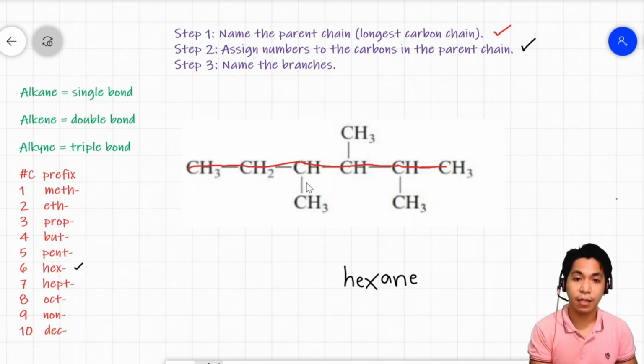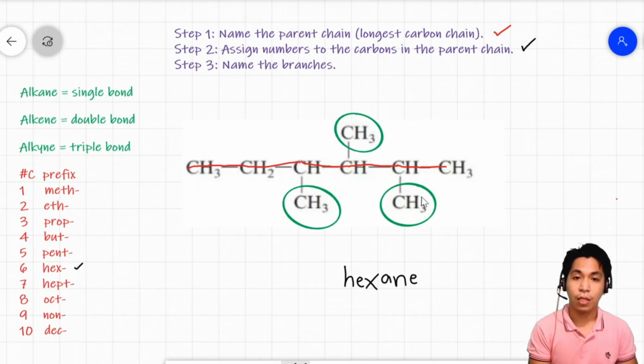Now we have here 3 branches. We have a branch here, here, and here. Now, which of the 3 branches is nearest to an end?